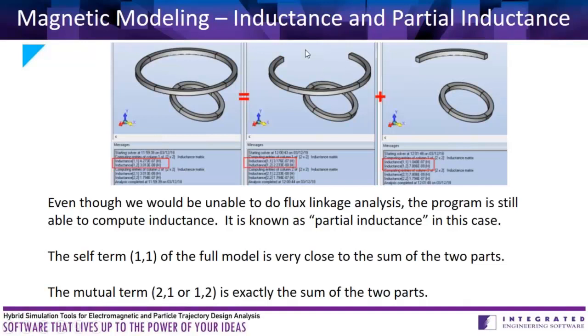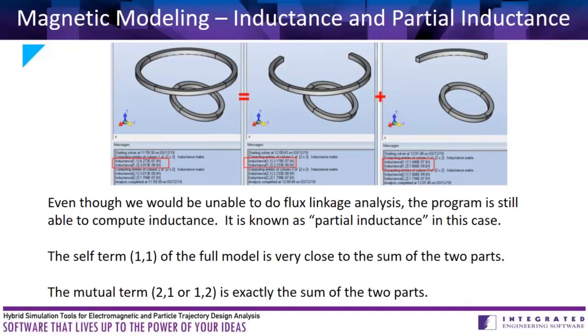So the self-inductance includes terms that don't add up nicely together like this, but the mutual inductance actually works out exactly here. If you look at these decimal places, 7.81e-9, add that to 2.233e-8, and you will in fact get 3.013e-8.